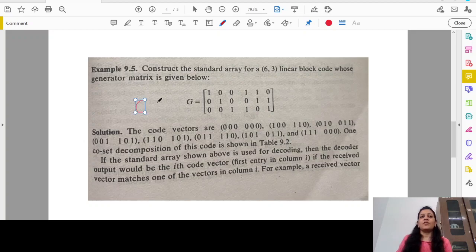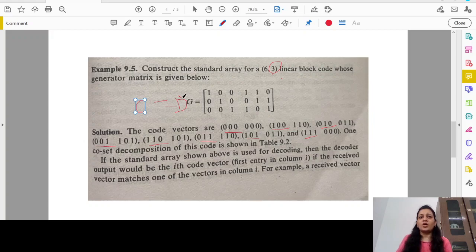So as we know, we have to generate our code word as C is equal to D into G. Since the data length is 3, you have to consider all the combinations: 0 0 0, 0 0 1, 0 1 0, 0 1 1, 1 0 0, 1 0 1, 1 1 0 and 1 1 1.